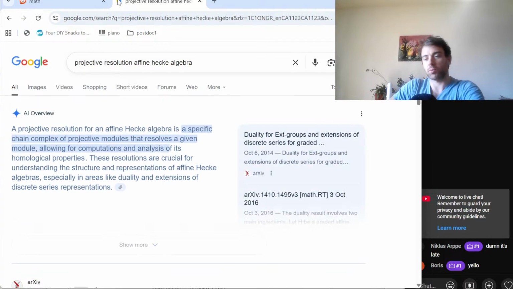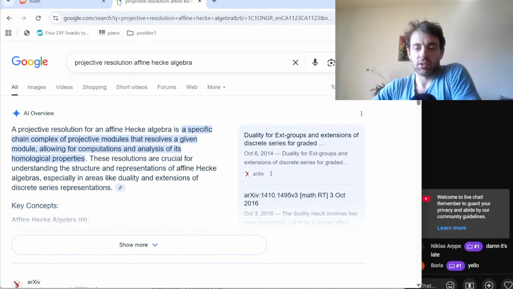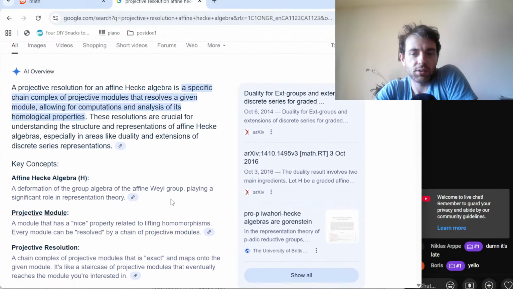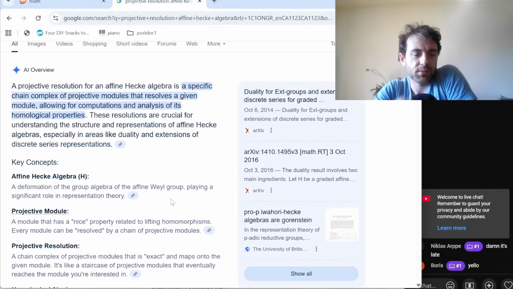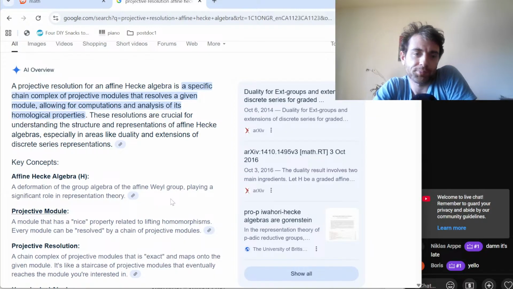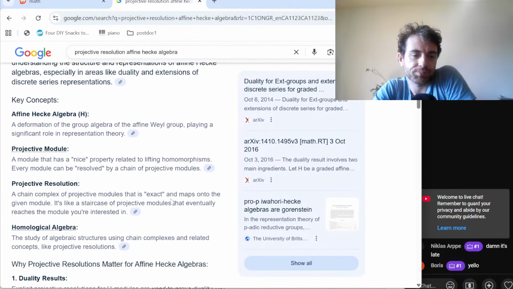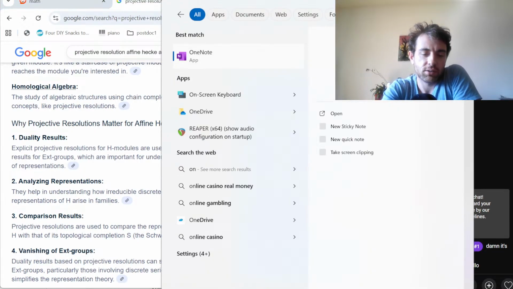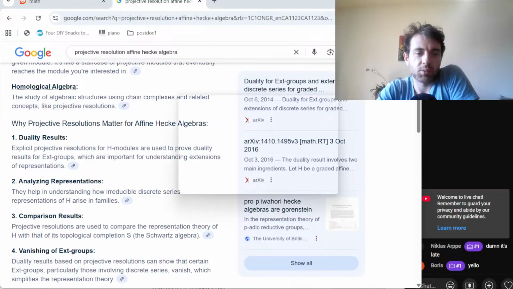If I could do some of these computations, that would be ideal. But it's tricky, you know. It's very tricky. Because why? Well, let me open up my notepad.